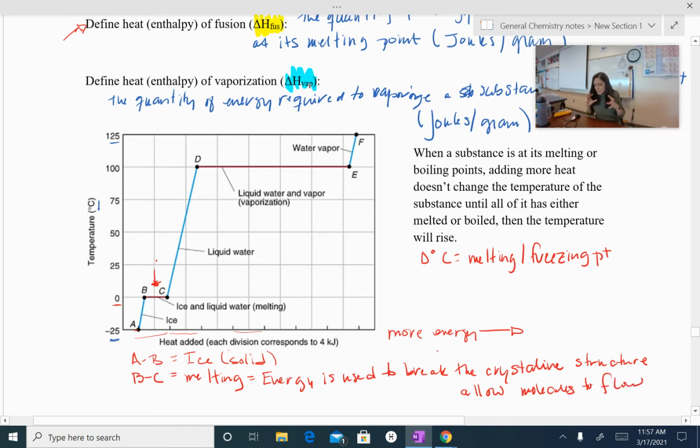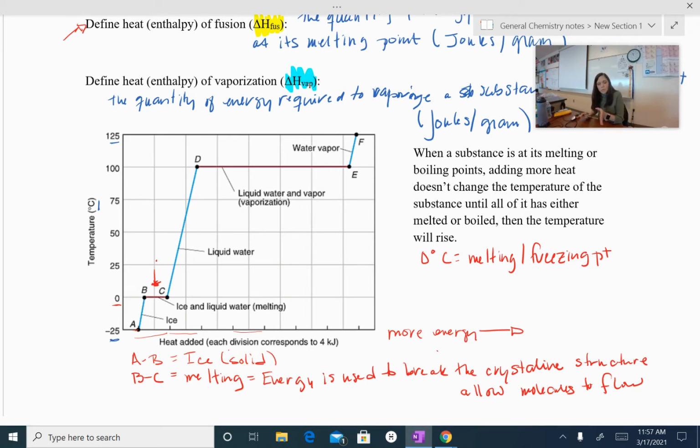All that energy we're putting in goes to breaking down those bonds that hold it rigid in that crystalline solid structure.